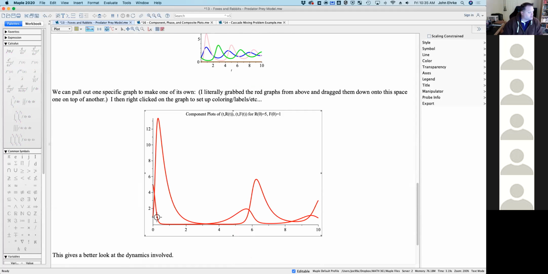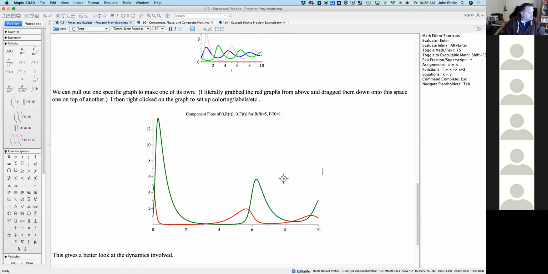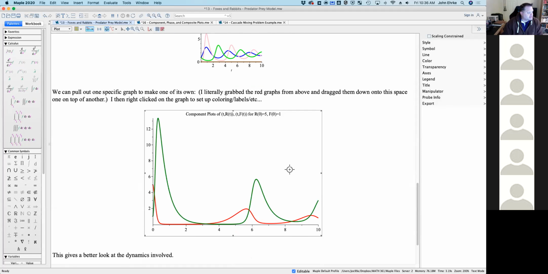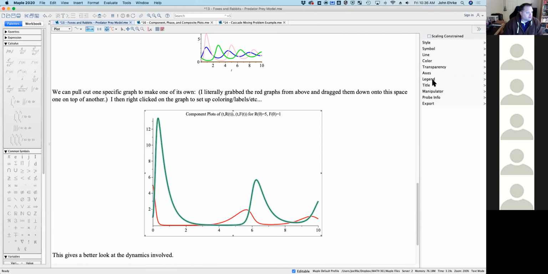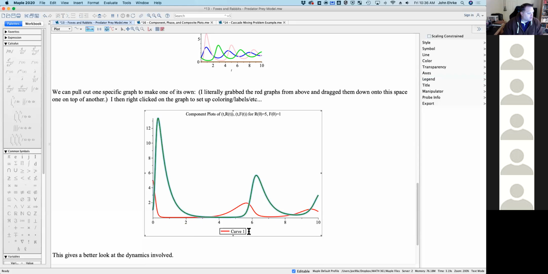I want to differentiate the colors here. I don't want the same color. So I'll just click on one of these, go over here to color, and let's just change it to green. Okay, so I've got my 2 different plots. Maybe I want to add a legend. So show legend there. It defaulted to just showing me curve 1, but if I click on the green curve, I should be able to do it for both.